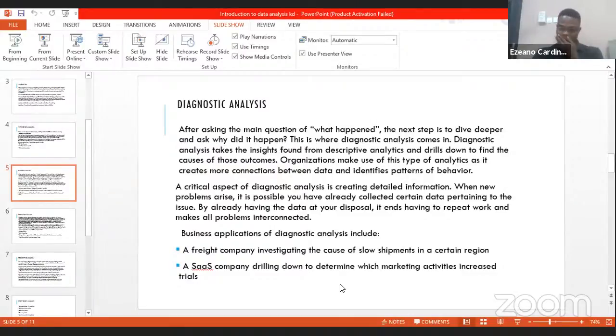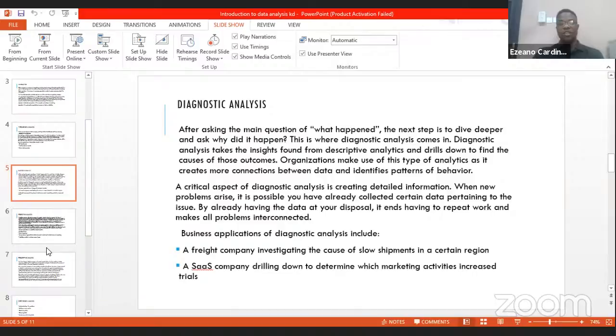So from this explanation I want to believe that we understand what diagnostics means and what diagnostics analysis entails. When we are trying to determine something, actually, we have to diagnose.